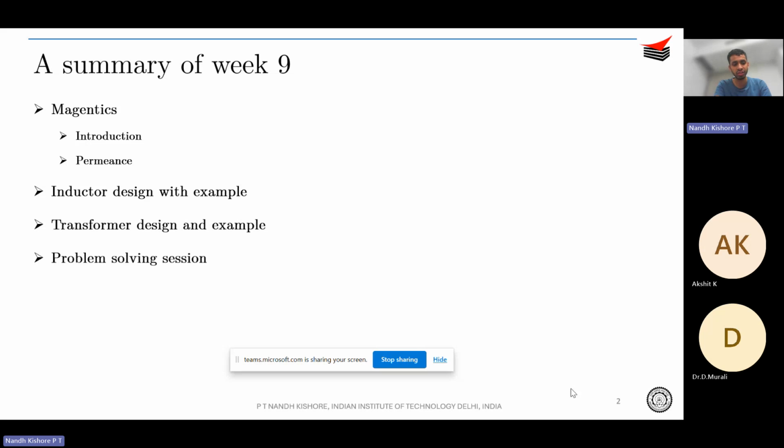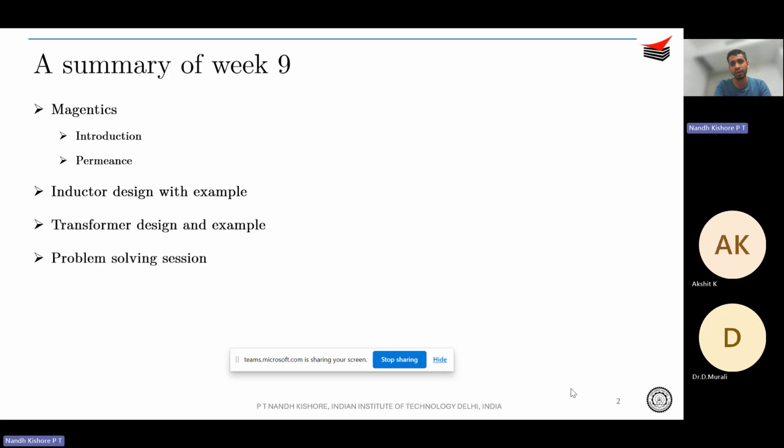The selection of the wire gauge is based on the RMS current that you intend to flow through that wire. Based on that, you choose an appropriate wire gauge, and after you choose it you ensure that you are able to wind the required number of turns within the given window area.